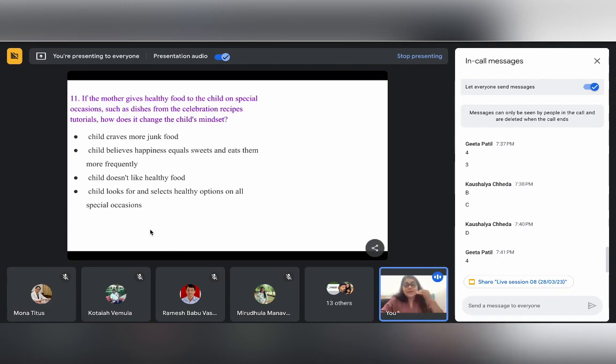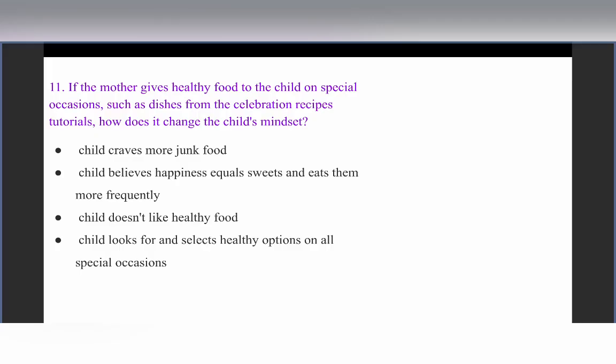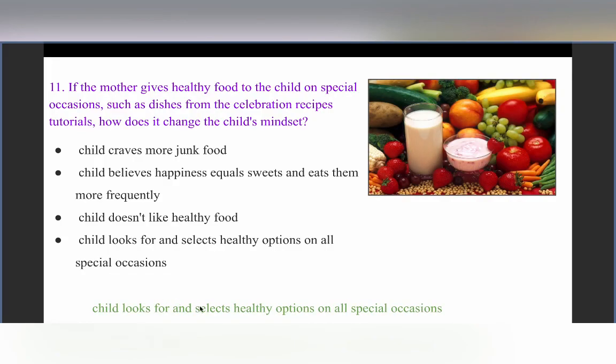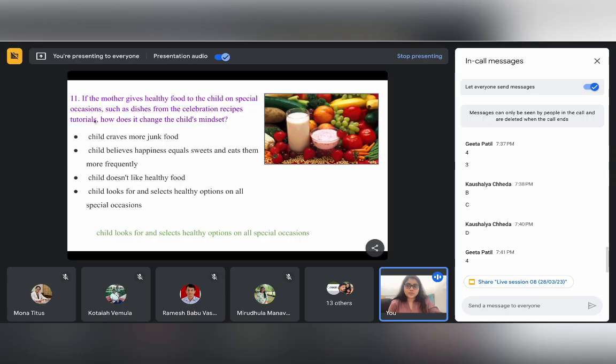At that point, if we judiciously train the child as to the pros and cons of eating different kinds of foods, and properly mediate healthy foods during different occasions in homes, this will lead to the child trying to have healthy food himself or herself. This is all about how you are training the child to choose healthy options out of the different kinds of food available. So yes, the answer to this question is child looks for and selects healthy options on all special occasions.